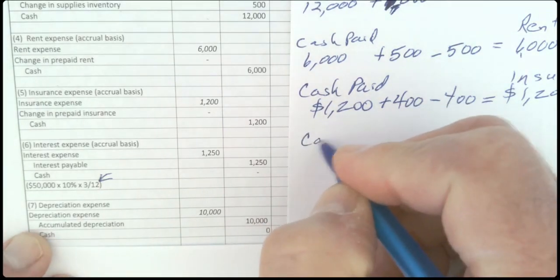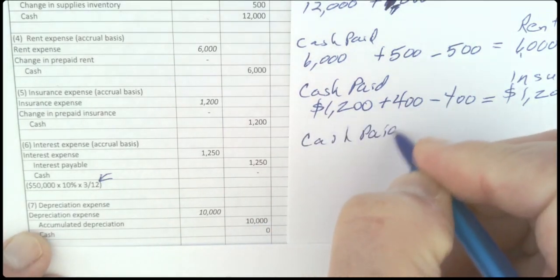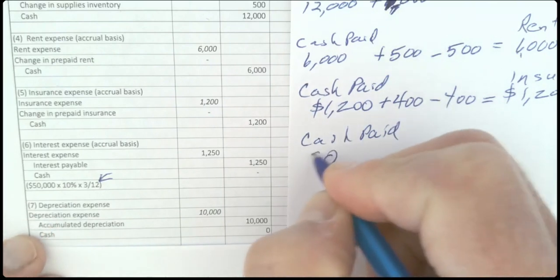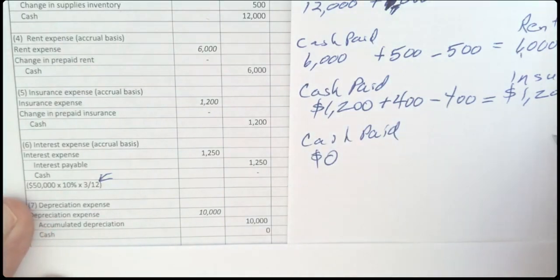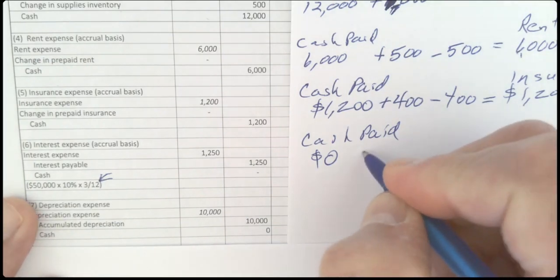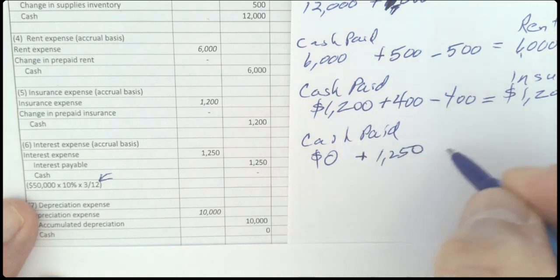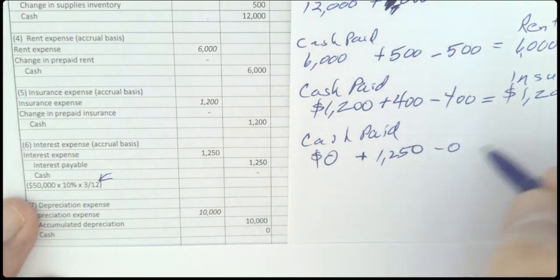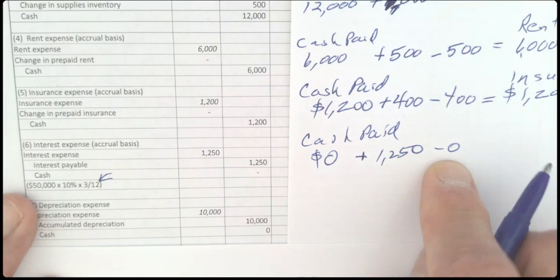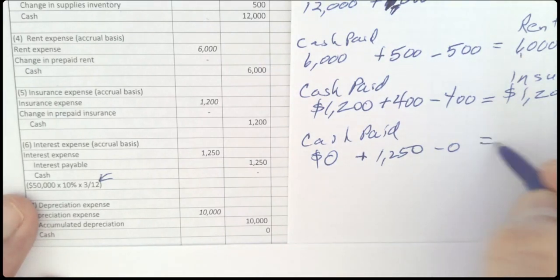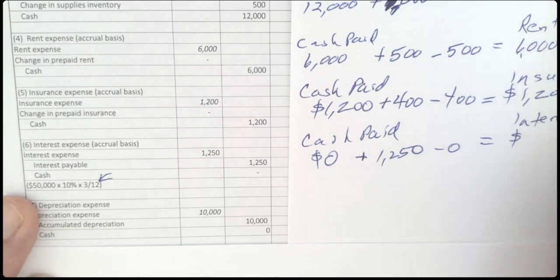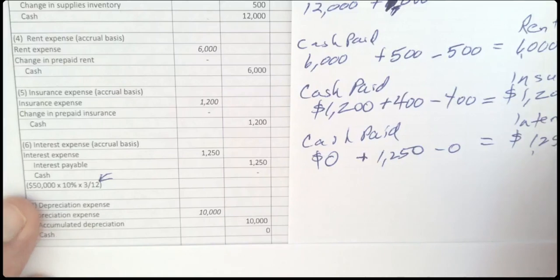So here, for both of these, cash paid for interest is 0, but plus the 1,250 accrued, and then we didn't pay anything for stuff accrued in 2023, so interest expense is $1,250.